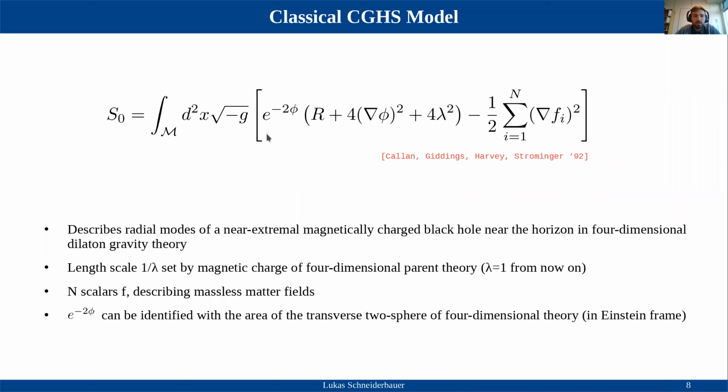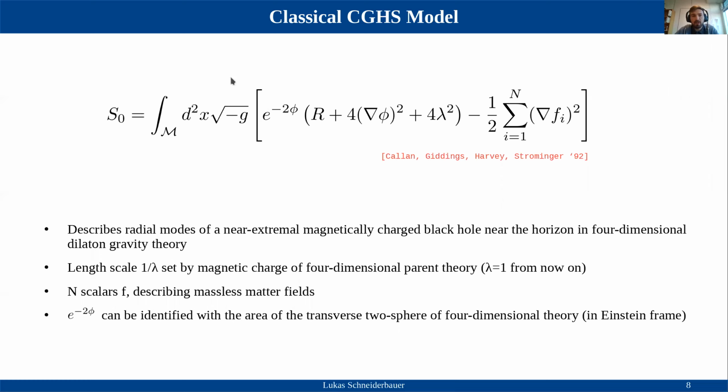What will be important for the future is that in the 4-dimensional interpretation, this e to the minus 2 phi factor can be identified with the area of the transverse 2-sphere in the 4-dimensional theory in Einstein frame. Just to keep that in mind for later on.